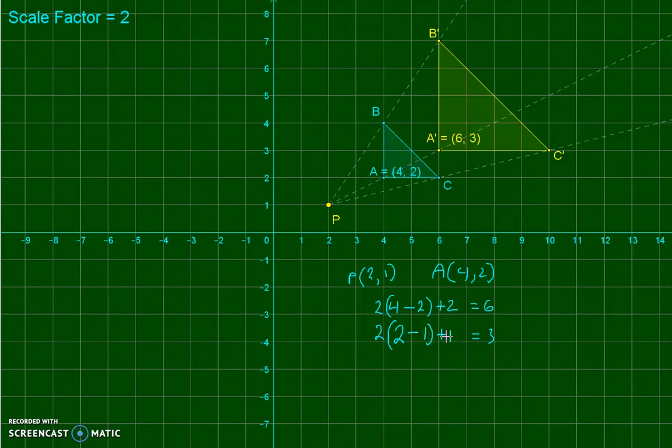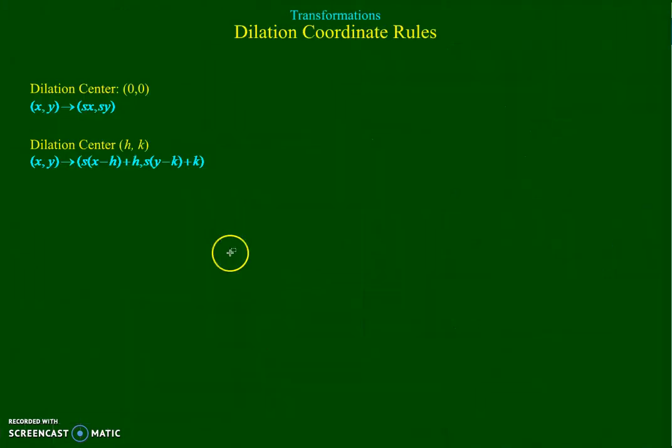Before we go ahead and work examples, let's formalize these rules that we just came up with. Here we have the transformation notation for a dilation with center at 0, 0. We take the x-coordinate and multiply it by some scale factor s, and we take the y-coordinate and multiply by the scale factor s. It's as simple as that. Just multiply x and y by the scale factor.